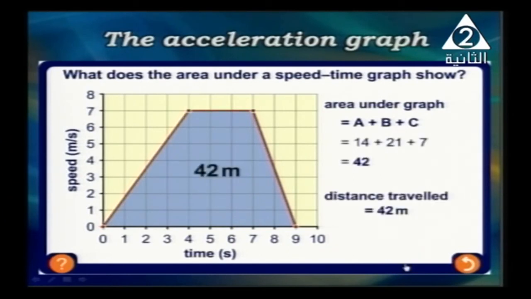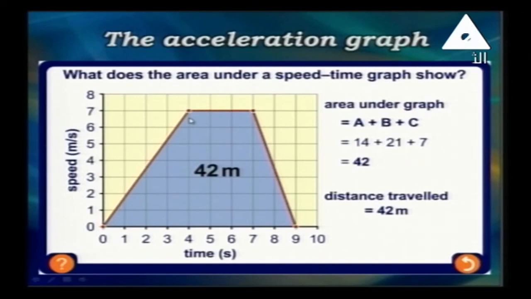After that, I need to calculate whole area like this. It's in the teams questions. Okay. So we have area under graph. A plus B plus C equal 42. The distance traveled is equal 42 meters. It is not 7, it is not 8, it is not any one of these numbers like this, because I have the first one like this.